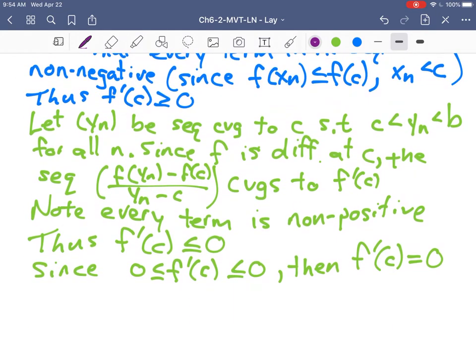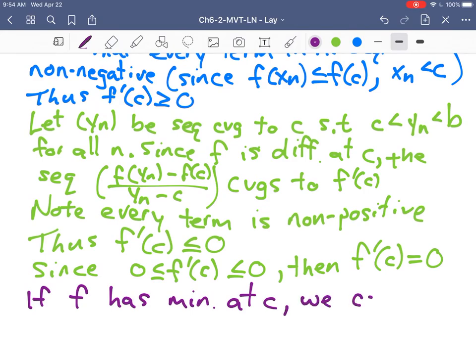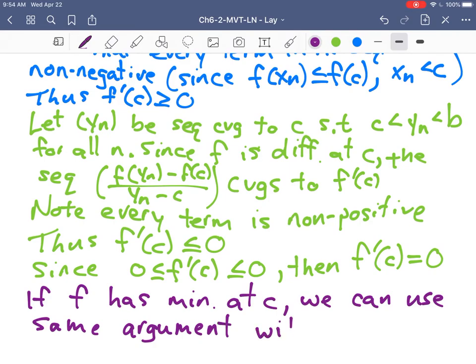To prove this if f has a minimum at c, we can use the same argument but with negative f. Perfect. All right, we will see you in our next video.